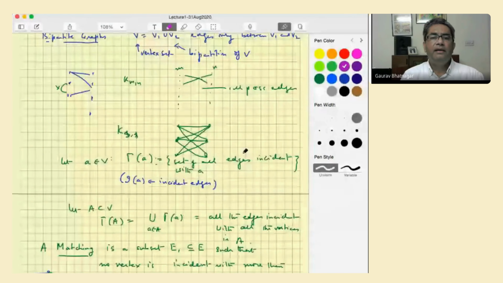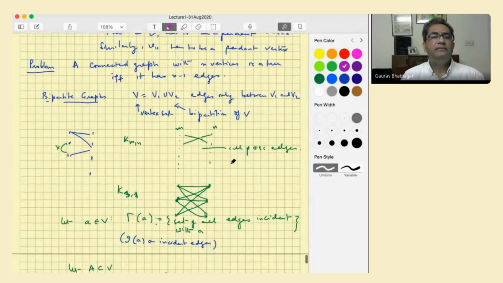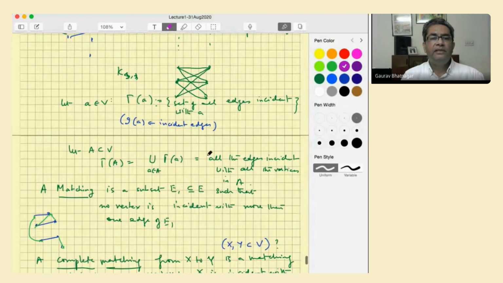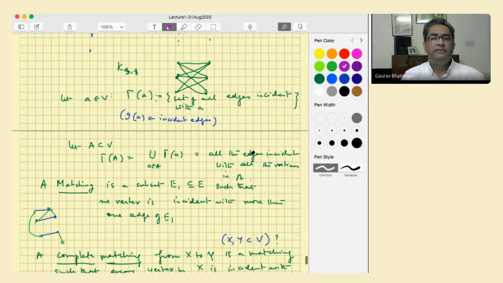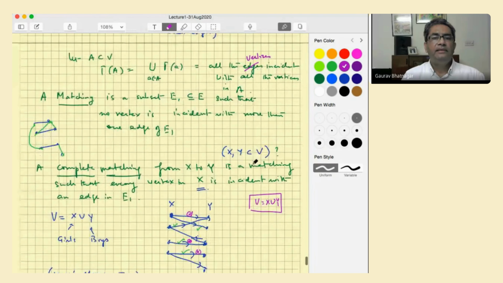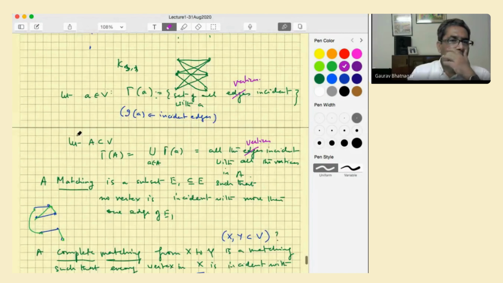So let's make... because the definition should be vertices here. This should be vertices. But that's not true. Hang on.